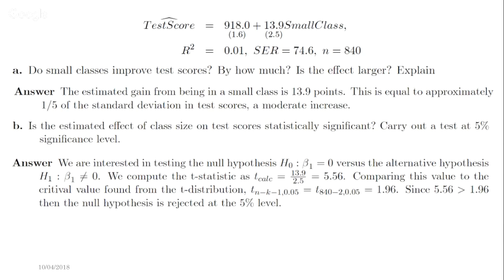So this is statistical significance versus practical significance, or economic significance. What's the difference? Can we say that this is a small effect and this is significant? Which is what's happening here.